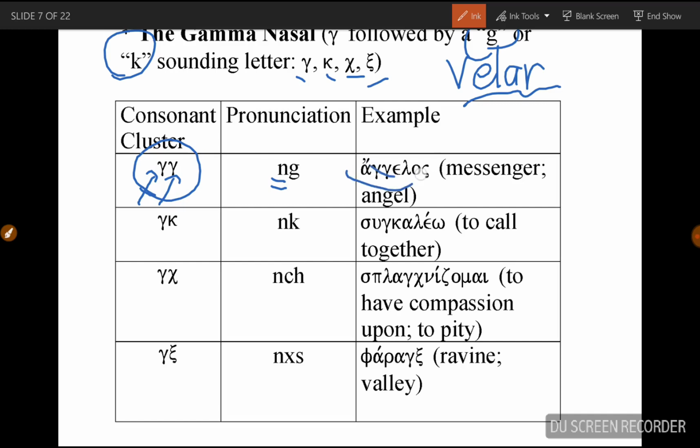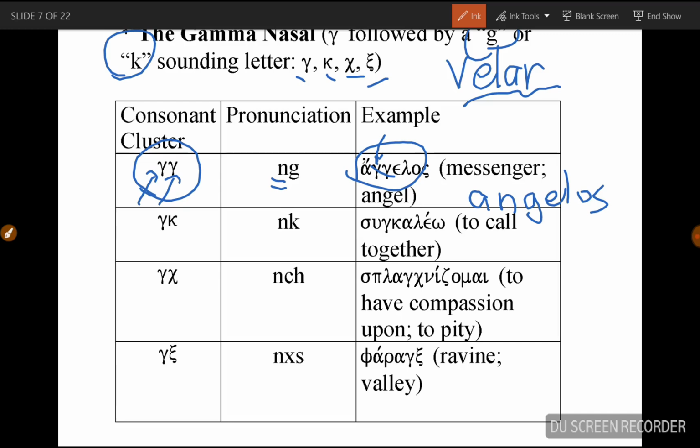So this right here, it's not agalos. You know, it looks like there's two gammas here. So when I pronounce this, is it agalos? The answer is no, you would pronounce this angelos, because the first gamma here is pronounced with an N sound. So that's where we get the word angel or messenger, angelos.